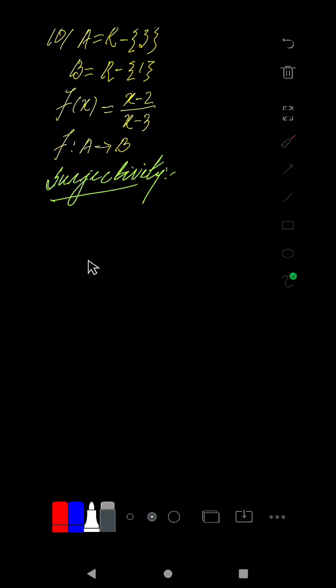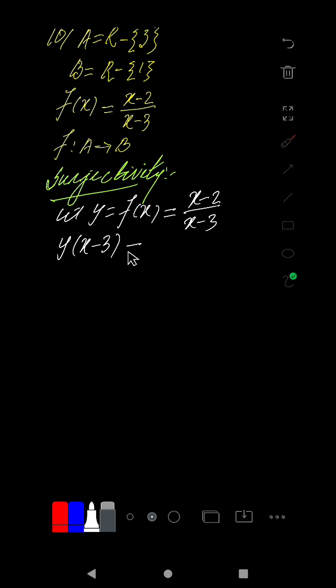We have to find out the range of the function and assume first y is equal to f(x). That is y is equal to f(x), which is (x minus 2) upon (x minus 3). Transposing x minus 3 to the left hand side, it will multiply y is equal to x minus 2. Open bracket, then y will multiply both the terms. We have xy minus 3y on the right hand side, x minus 2 as it is.